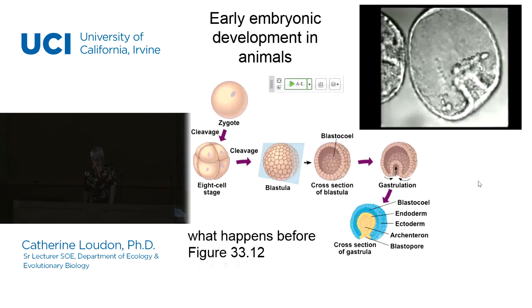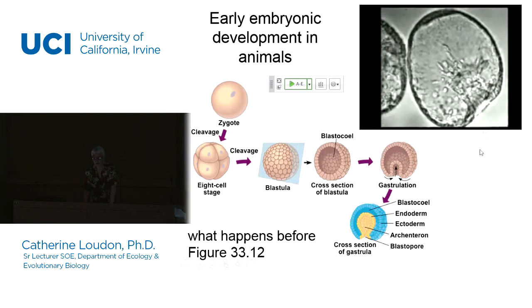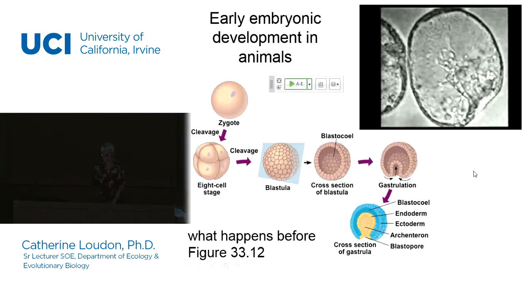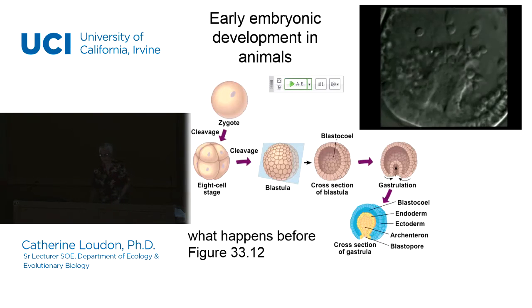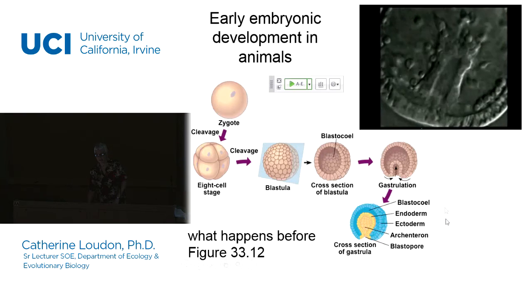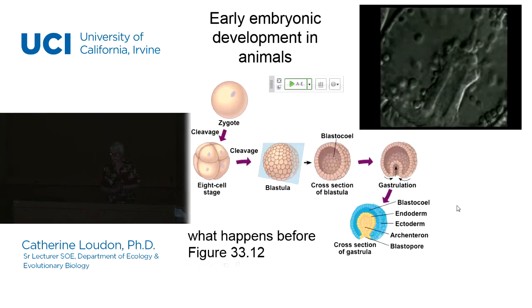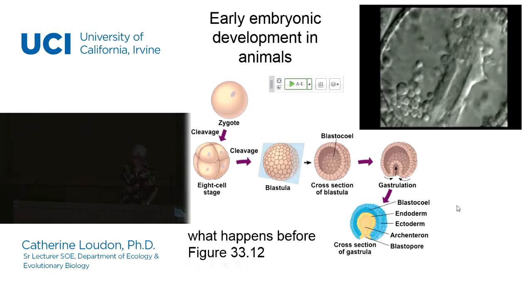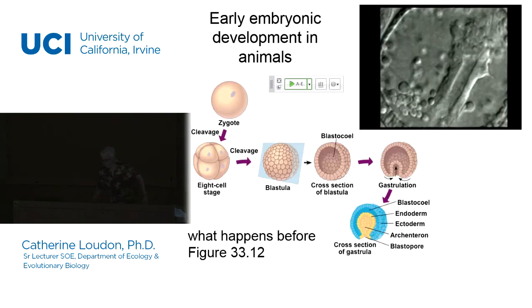So this is now a gastrula. We now have this structure forming right here. This goes all the way to the other end, but the movie stopped before that occurred.